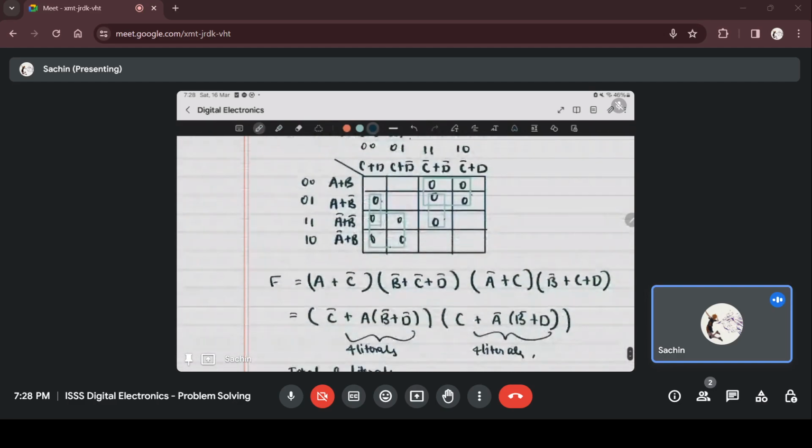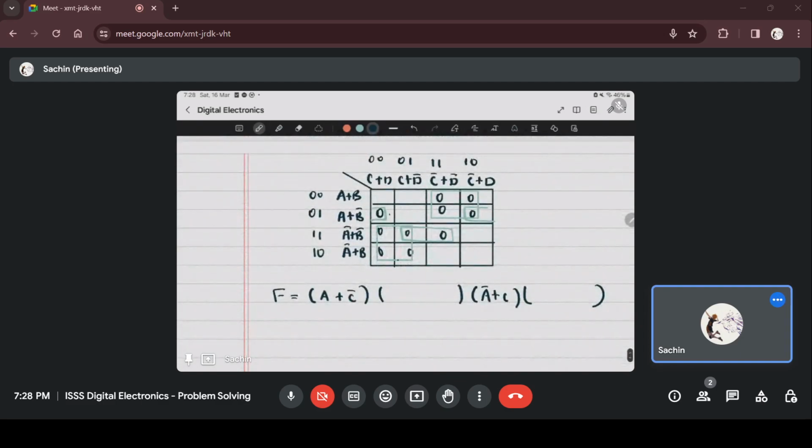So instead of b bar plus c bar plus d bar, you have this pair. That's a bar plus b bar plus d bar. And the other pair is a plus b bar plus c bar.